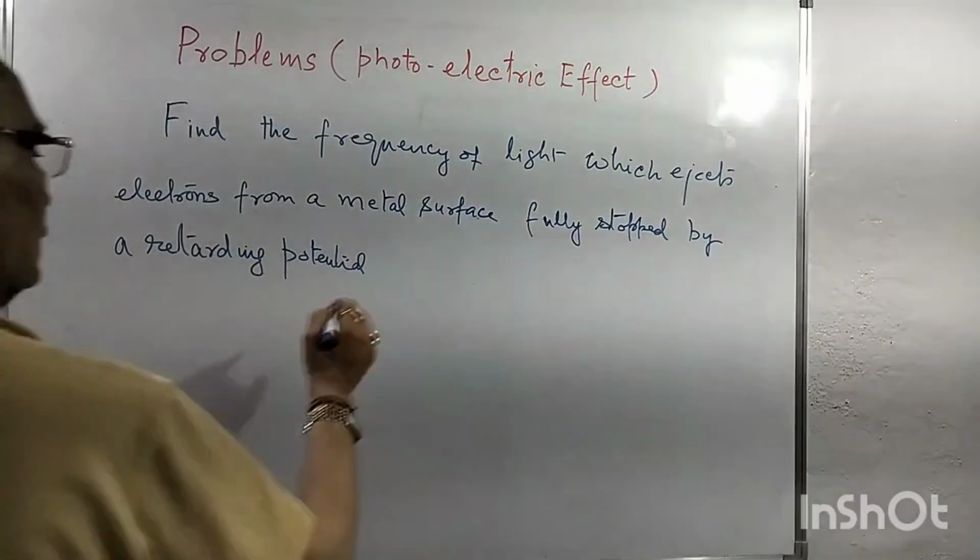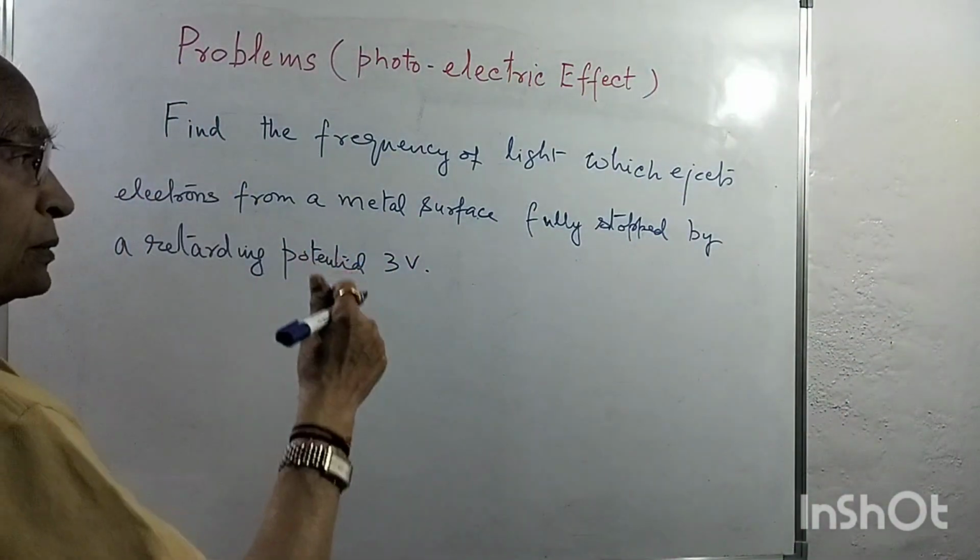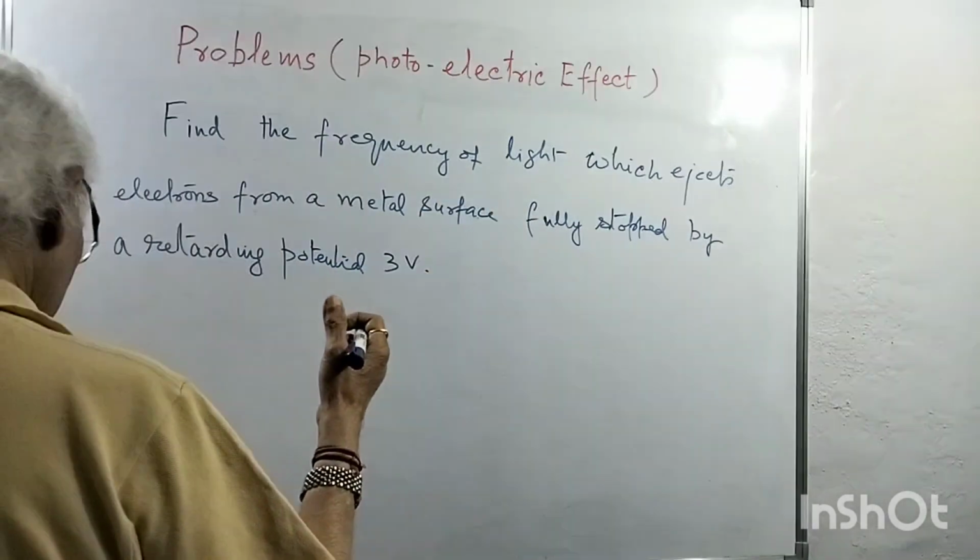How much potential? 3 volt. A 3 volt potential stops the ejected electrons completely.